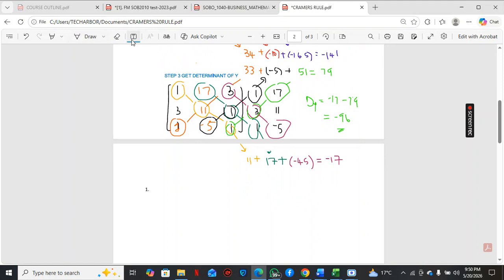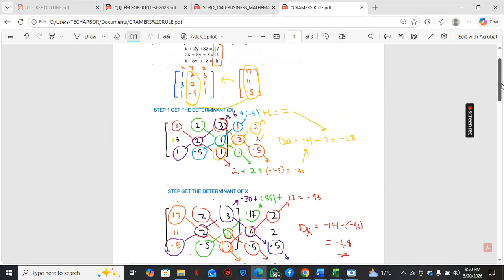Then finally, we go to step 4. Get the determinant of z. So this matrix here, this 17, 11, negative 5, is going to replace now the z column.